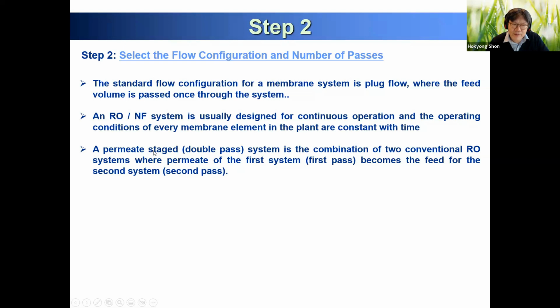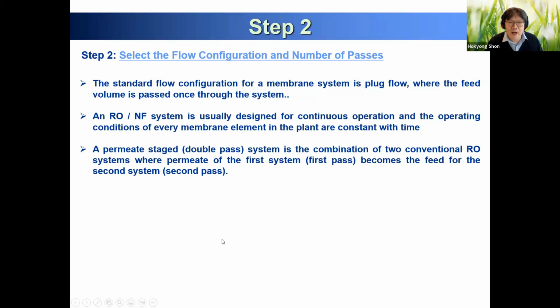A permeate staged system is the combination of two conventional RO systems, where the permeate of the first system becomes the feed for the second system.